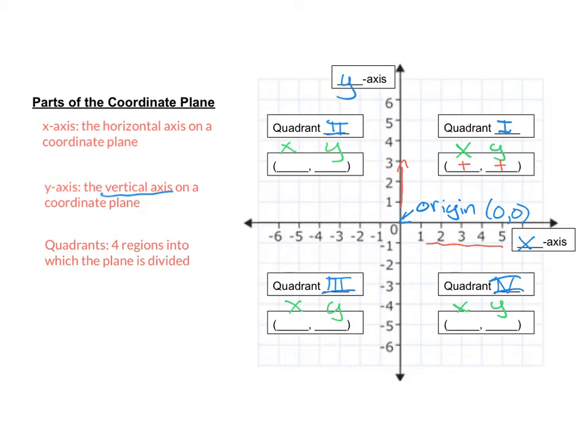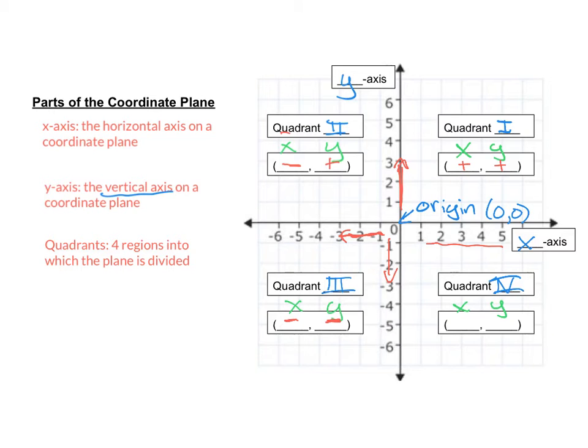Now a little bit different when we look at quadrant 2, and we go to our x values to the left, they're all negative. But again, if we are going up on our y-axis, we're going to end up with positive. So let's take a look at those last 2. Going to the left, your x values are negative, and your y values going down are going to be negative.